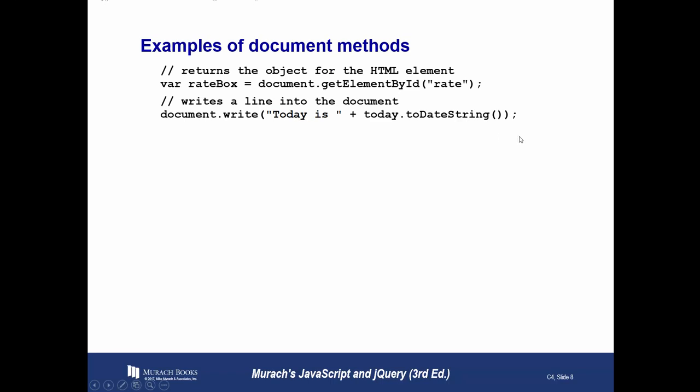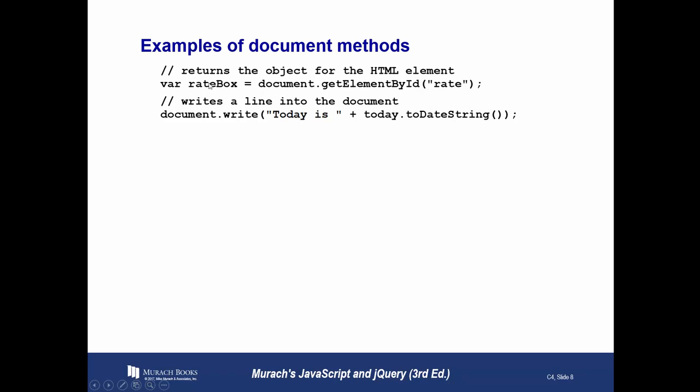Now, here's an example. What we're saying here is I want you to grab the element on our web page that has an ID of rate, and I want you to take whatever value it has and copy it over into rate box.